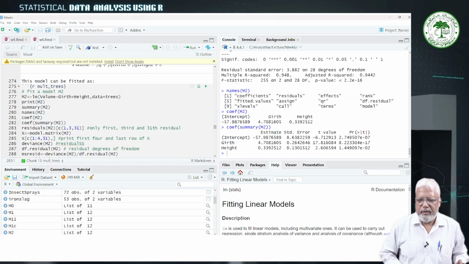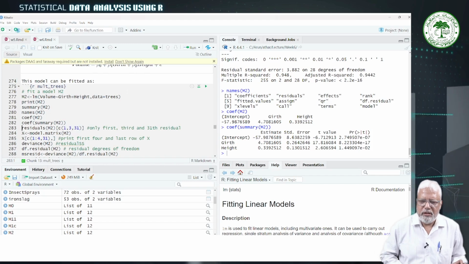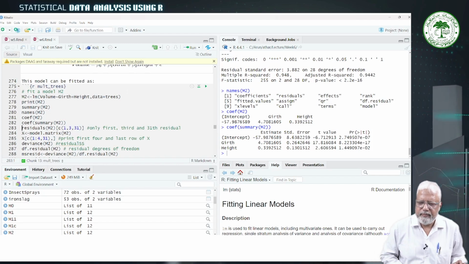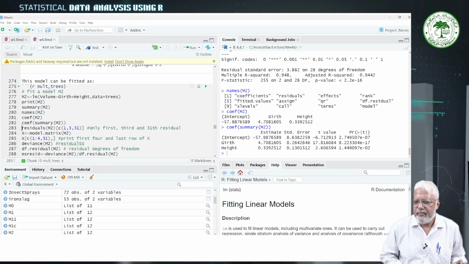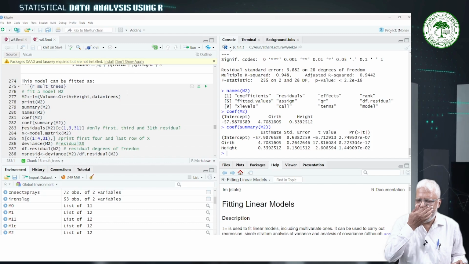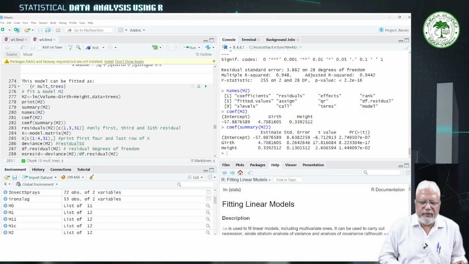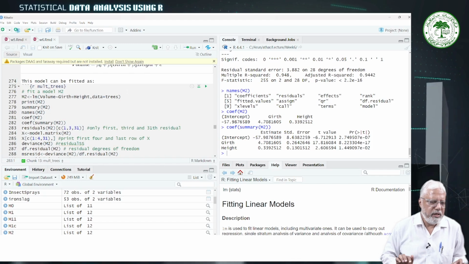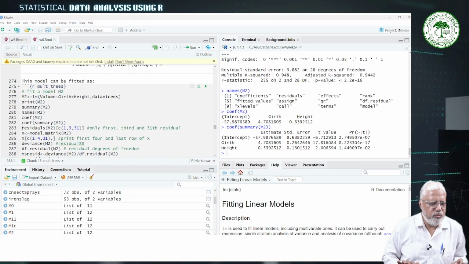When we write coefficient of summary M2, it gives the summary of the regression coefficients, estimates, their standard error, their t value and their p value. From this output, it is evident that both the regressors girth and height are significantly different from 0. And then residuals M2.